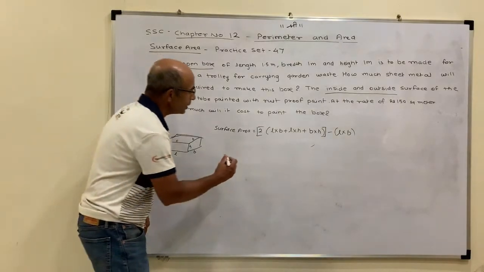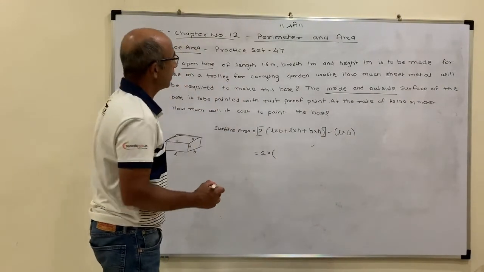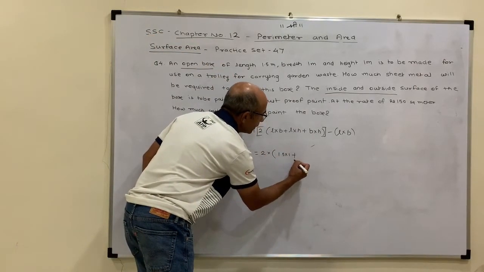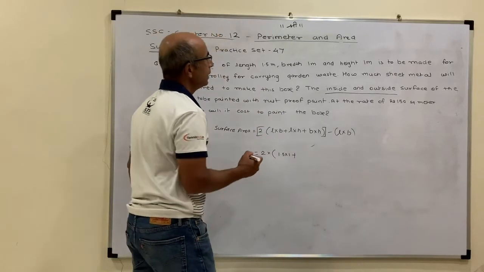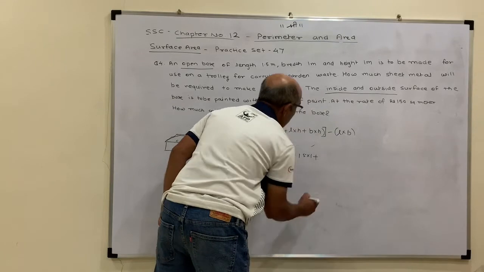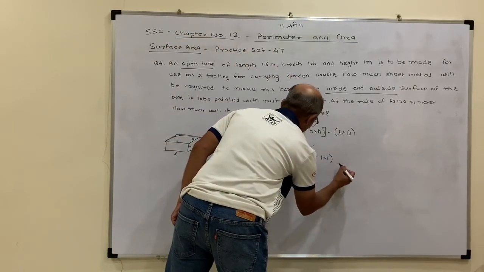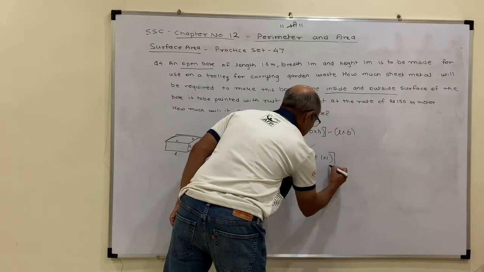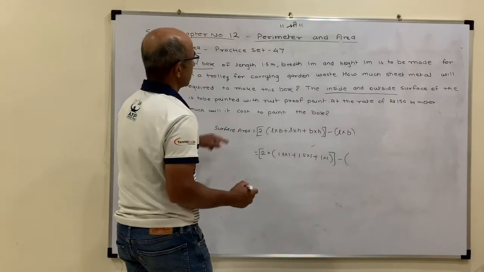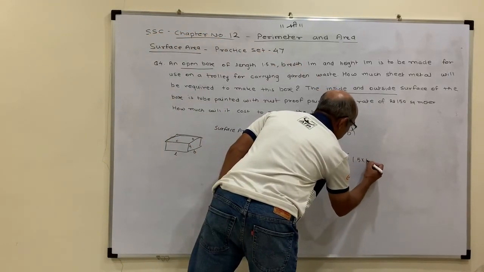So my total surface area will be 2 into, my length is 1.5 meter into 1 meter plus length and height as well 1 meter, 1.5 into 1, breadth into height is 1 into 1, and then my square bracket closes here, minus length into breadth. How much is the length? 1.5 into 1.